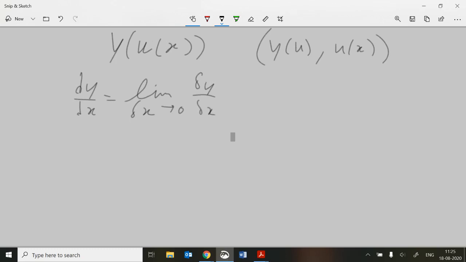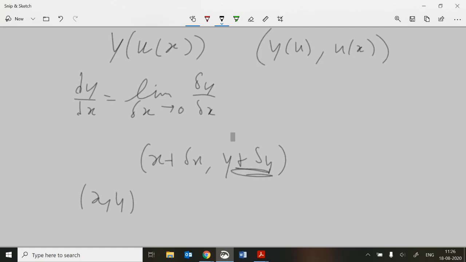Again, remember that delta y and delta x are just our small change away from our original coordinate point xy. So xy is our original coordinate point, and our next coordinate point is x plus this small change in x, which we've been calling h, and y plus our small change in y.